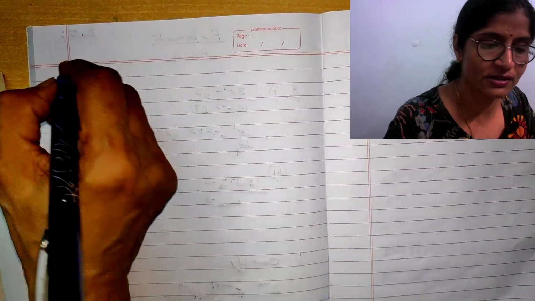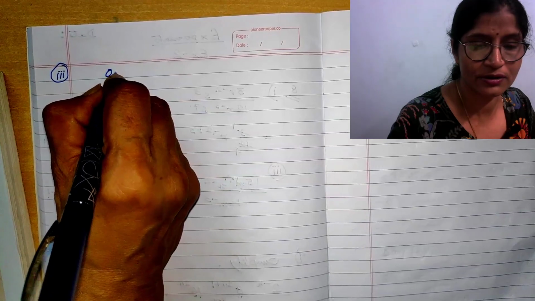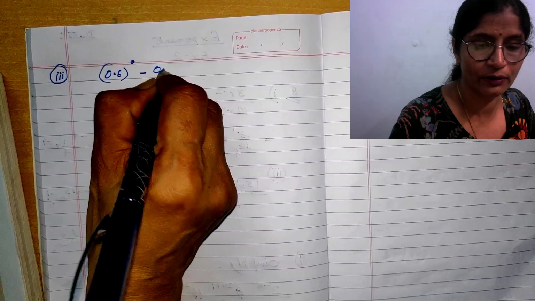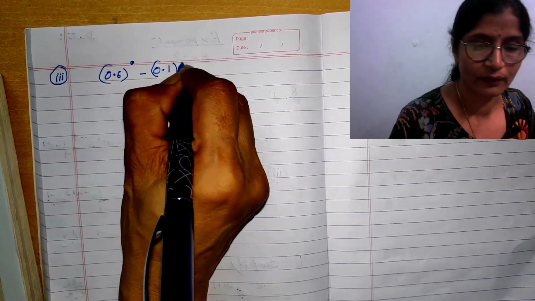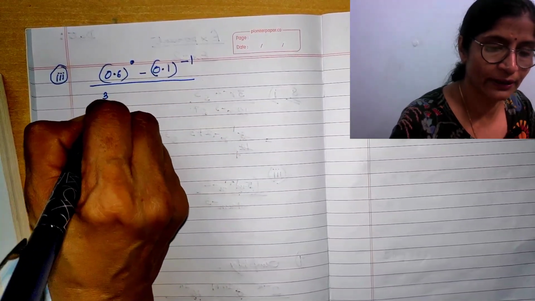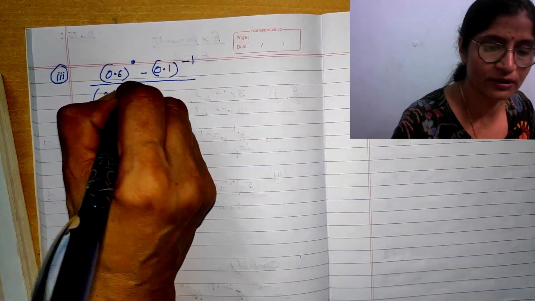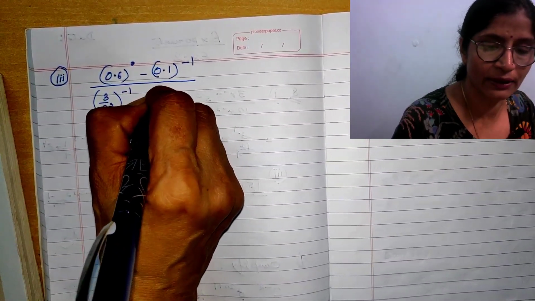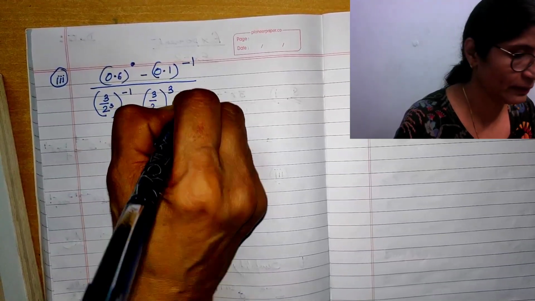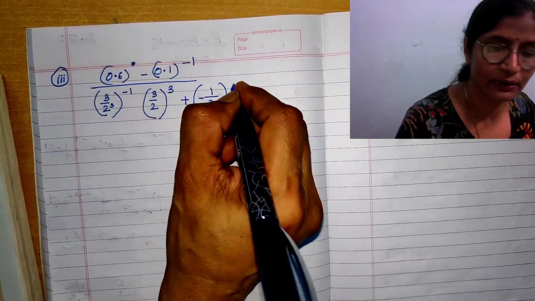Again simplify this sum. Third, 0.6 to the power 0 minus 0.1 to the power minus 1 divided by 3 by 2 whole to the power minus 1, 3 by 2 whole to the power 3 plus 1 by 3 whole to the power minus 1.